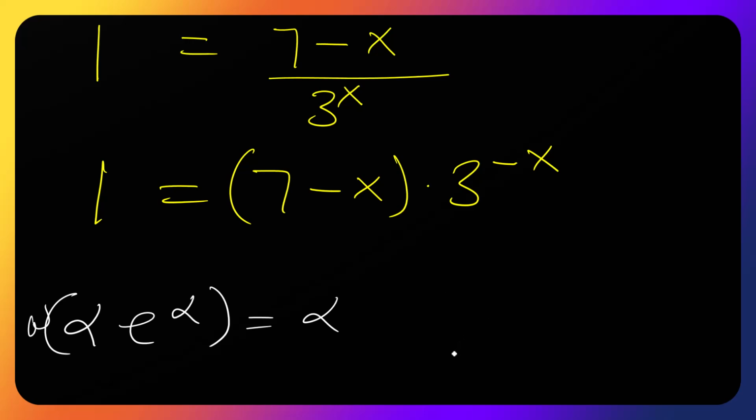That is the rule. Anytime we take e raised to ln of something, the result is that thing. So e raised to ln of box, the answer should be box.